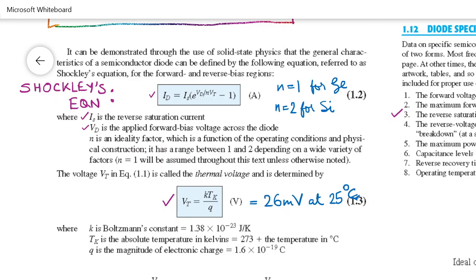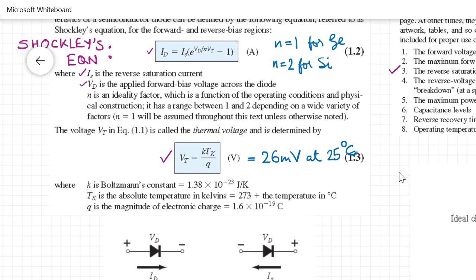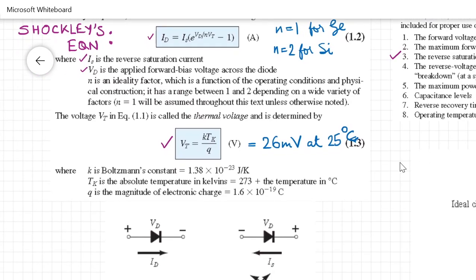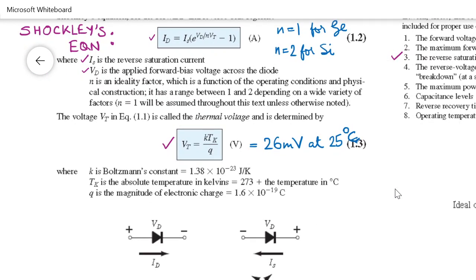To ensure that, we connect a high resistance in series with the diode and then apply the voltage. When we increase the voltage across the diode, we also get a current in the circuit. We take note of these two values, the VD and the ID, and then plot the characteristics.